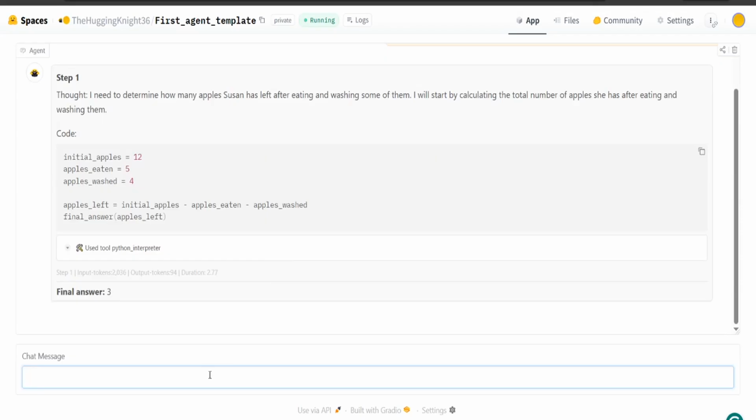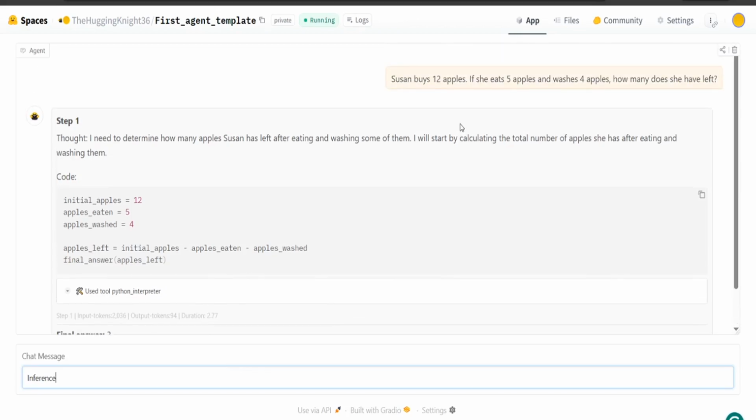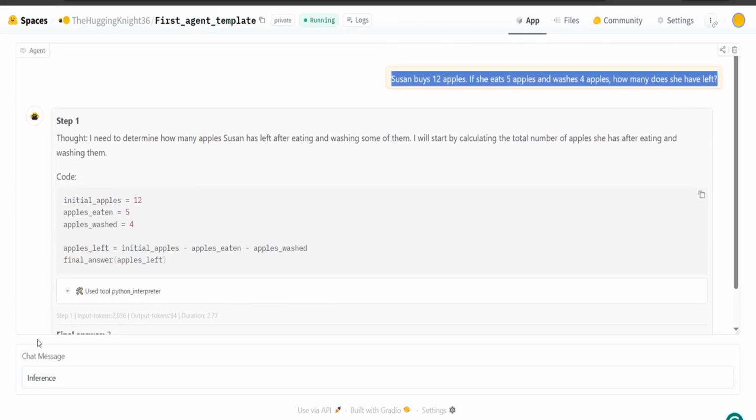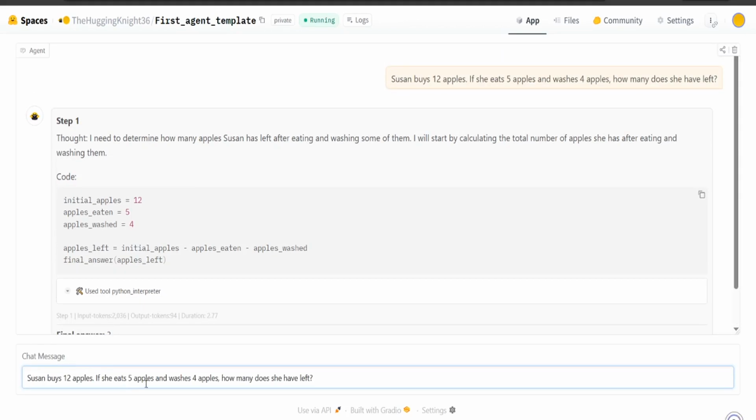Oh, I forgot to train it. My bad. So we're given a problem where the caveat does not affect the thing. So let's see. Susan buys 4 apples, and if she eats 5 apples and 4 apples are small, how many apples does she have?